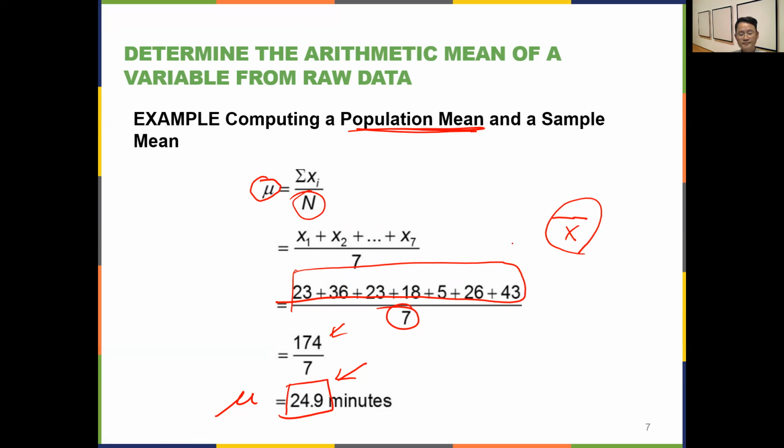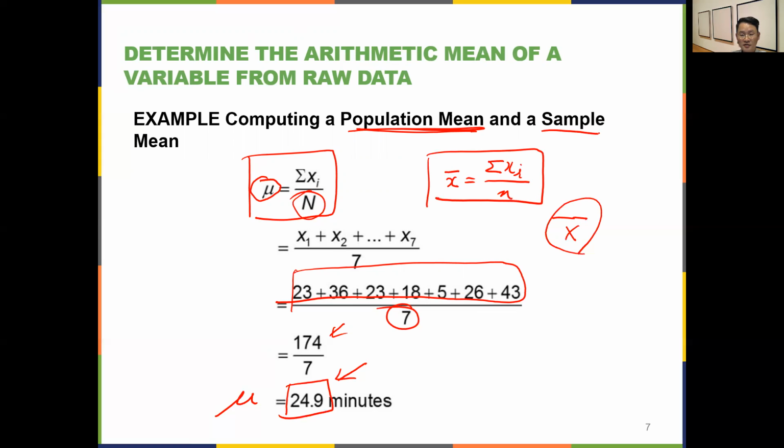So this is the symbol for population mean, but this is the symbol for sample mean. This is a sample mean. This is a population mean, right? Okay.